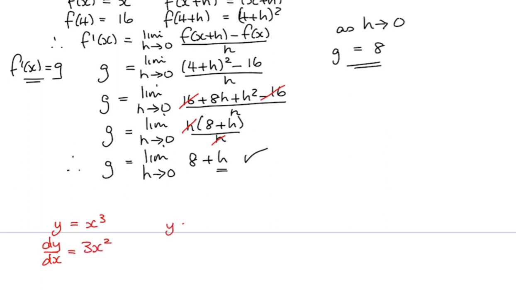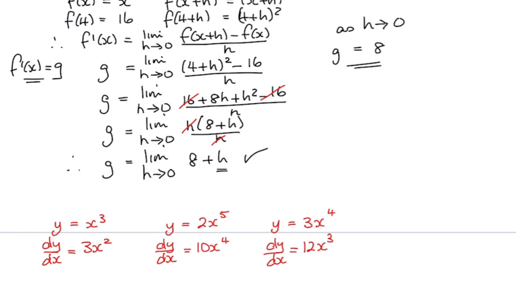Again, I could have done 2x to the power 5, which would take a little bit longer, but I would have got dy dx equals 10x to the power 4. I could have done y equals 3x to the power 4, and from first principles I would have proved that was 12x cubed. Now, if you have a little look at those, you should see a pattern.